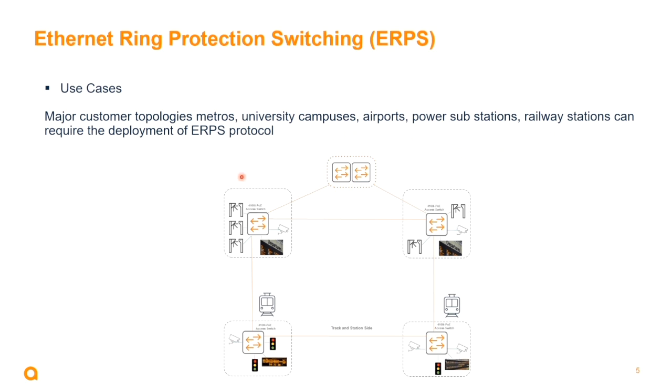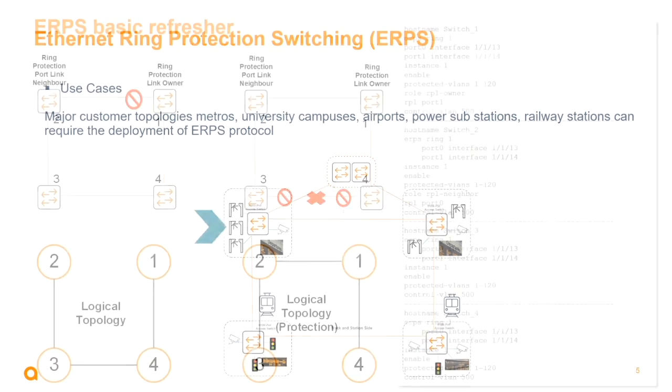As shown in this topology here, we can see an ERPS ring in a railway environment, and the 4100i is really positioned in those types of environments because it's ruggedized and has high temperature and shock properties. So it was very natural to get ERPS included in this platform too.